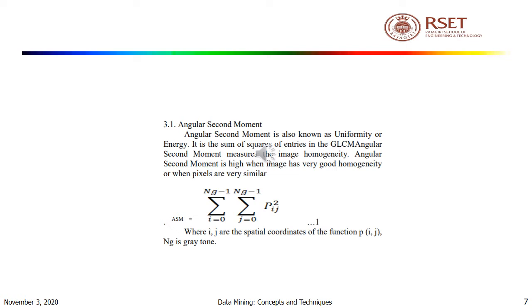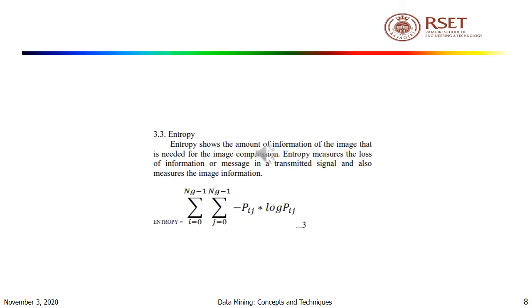This is the equation: sigma i = 0 to Ng minus 1, sigma j = 0 to Ng minus 1, P squared of (i, j), where i, j are the spatial coordinates of the function and Ng is the number of gray tones, that is 0 to 255.